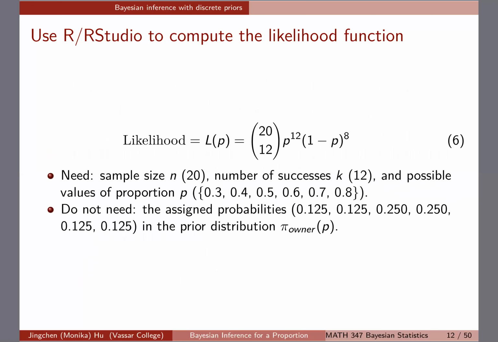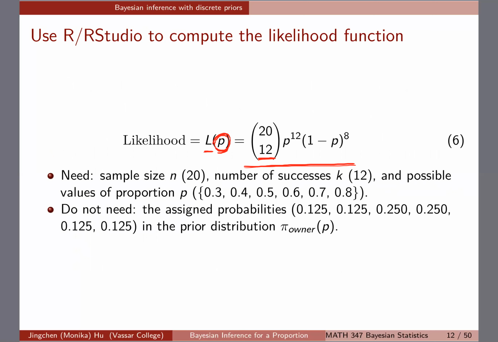Before we go to the posterior, I just want to show you a little more about how you can use R and RStudio to compute the likelihood function. We know the likelihood function in terms of the PMF is this, when y equals 12. Remember, p is the only unknown parameter.